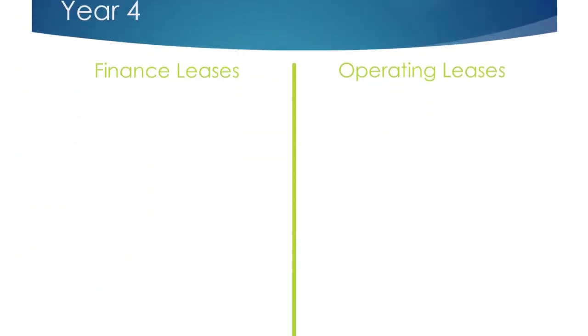That's for year 4. Believe it or not, that says year. I guess I'm abbreviating too quickly here. But let's start with our finance lease again. We've got a lease liability that we're paying off.